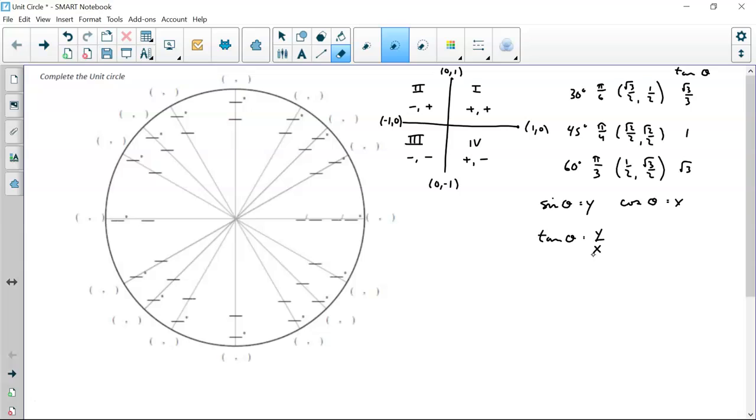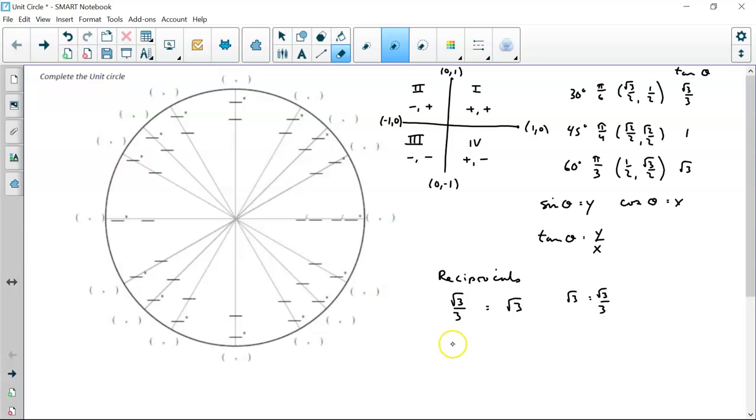Now, some other common things to know is when we're working with the secant, the cosecant, and the cotangent, they're reciprocals. So think about our reciprocals. Our reciprocal of root 3 over 3 is root 3. The reciprocal of root 3 is root 3 over 3. They go together.